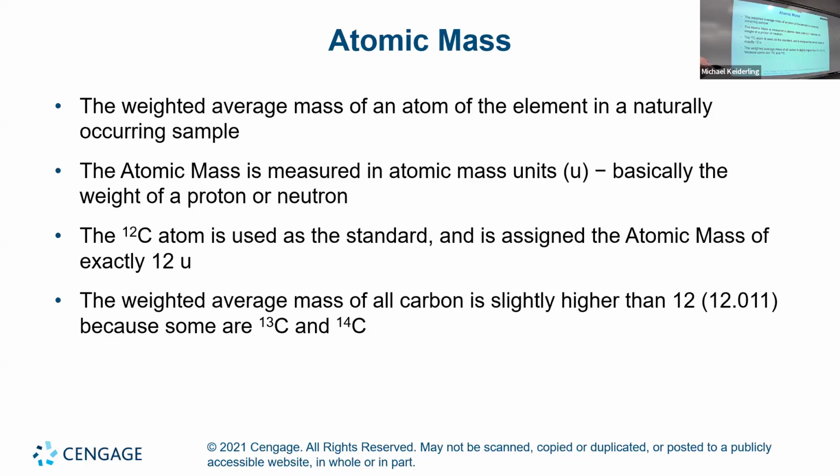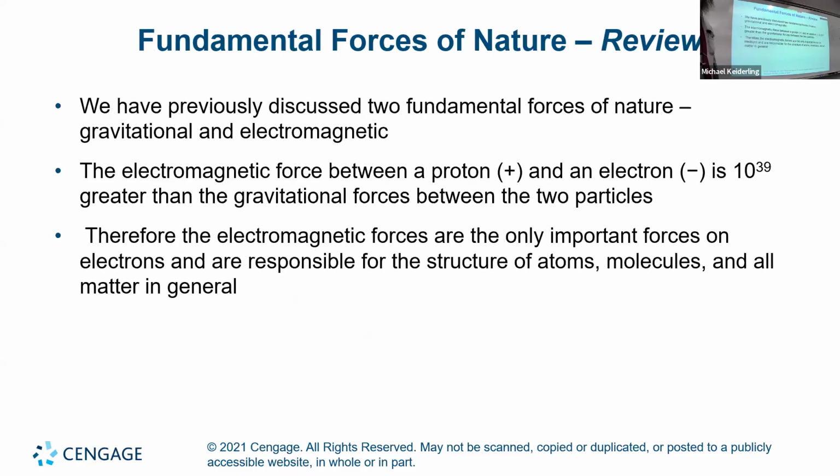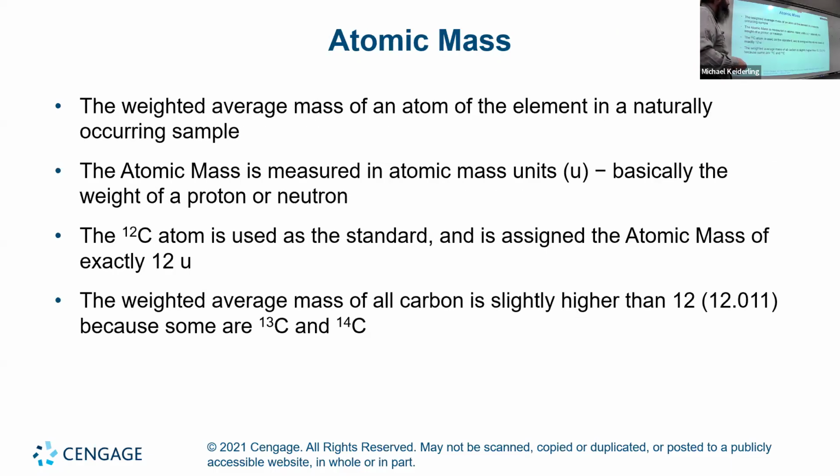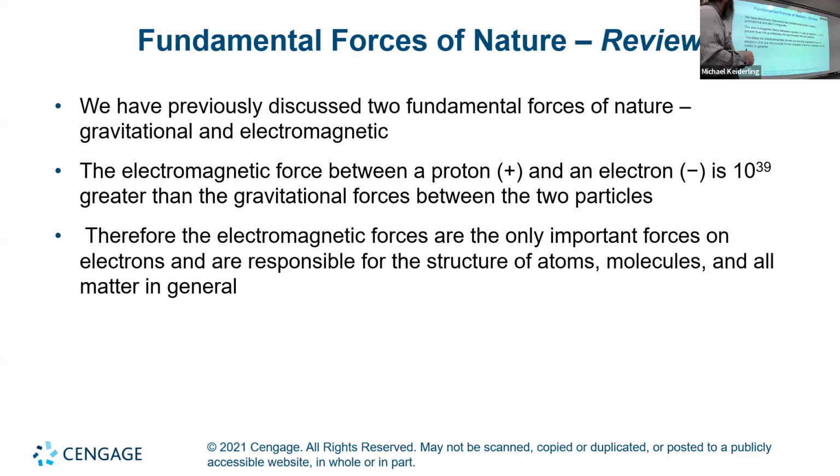And the weighted average mass of all carbon is slightly higher than 12, 12.011, because there's some carbon-13 and some carbon-14 that raise that up. It's about 1% carbon-13, if I remember correctly, and less carbon-14.